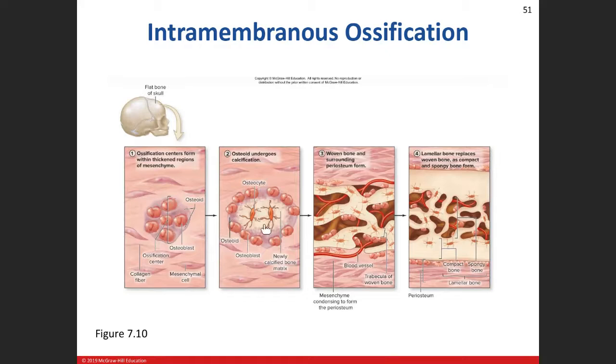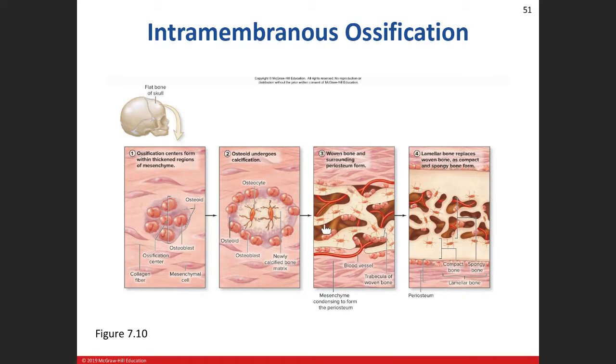Now this occurs on a grand scale, so we're seeing a lot more bone tissue here. On the outside of that bone tissue, we start to see the periosteum grow, not maturing, but forming. These mesenchyme cells will start to lay down osteoprogenitor cells, osteoblasts, and osteoclasts.